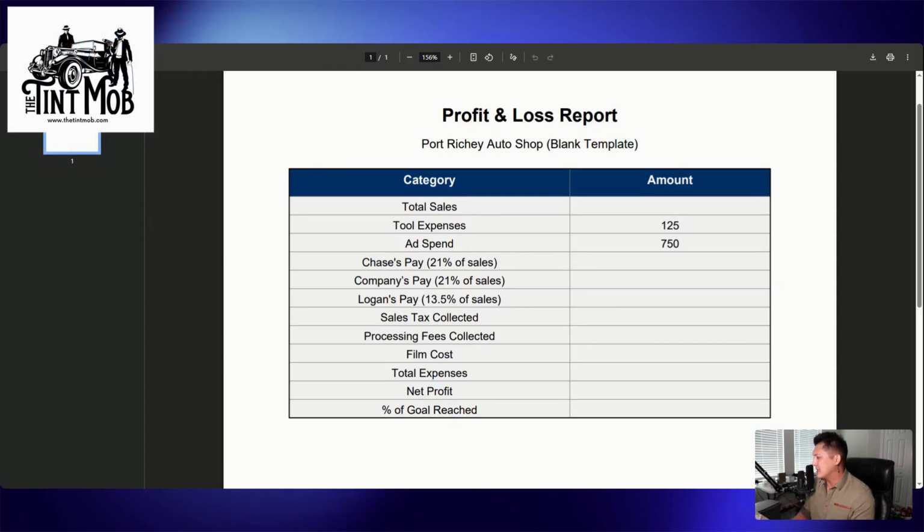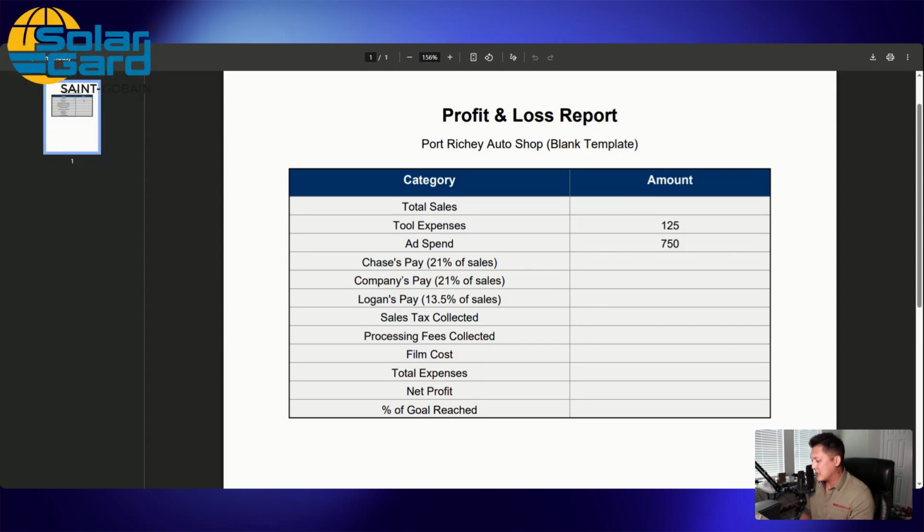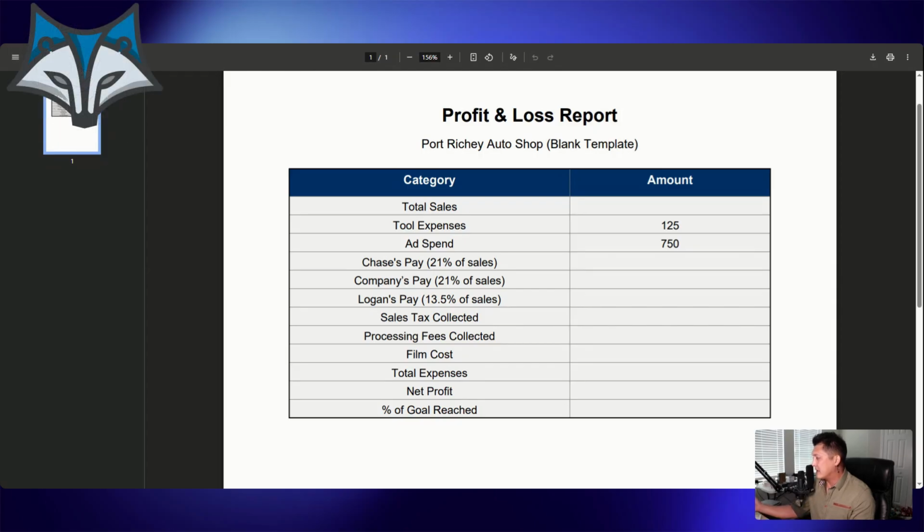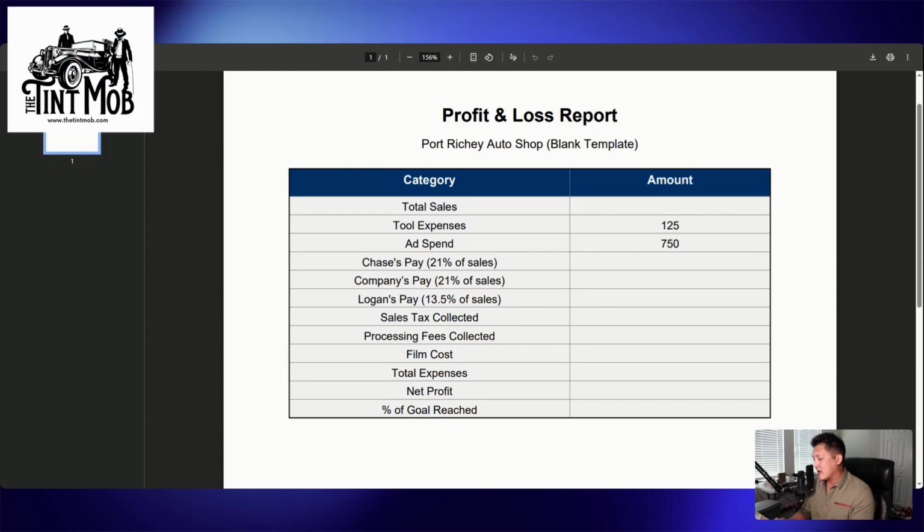Also, we know percentage of goal reached. So we know a specific dollar amount that we're trying to shoot for per week, whether it's 4,000, 2,000, or 8,000. Every company is going to be a little bit different. But basically what we do is we take the total sales and divide that by our goal.